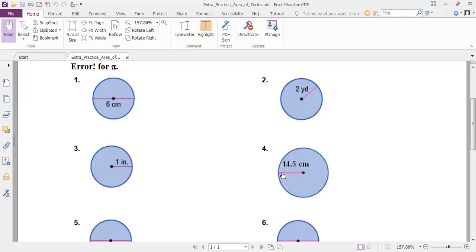Multiplied by 3.14, okay, I will multiply it. You forgot to multiply by 3.14? Again, I will multiply by 3.14, the value of pi.